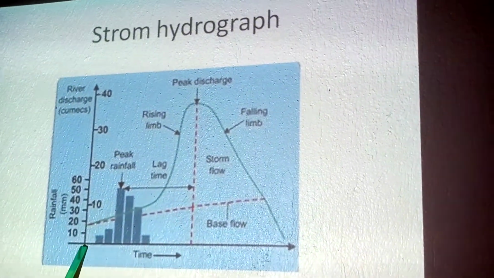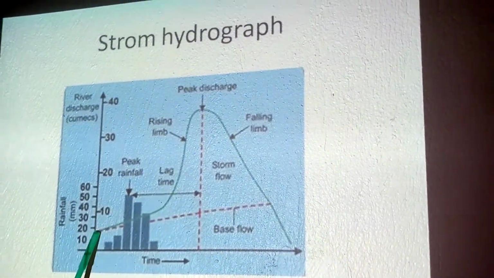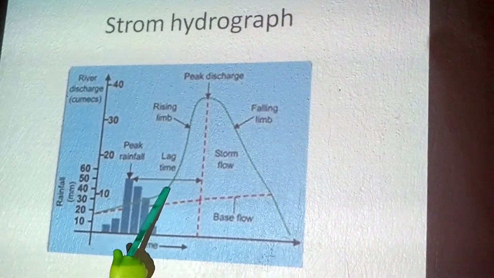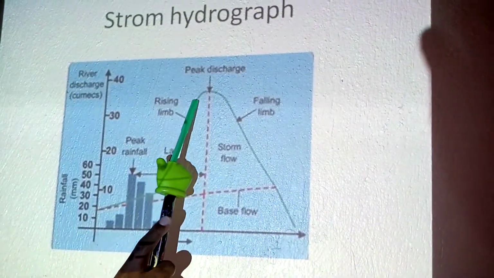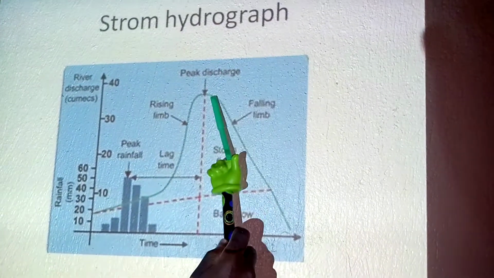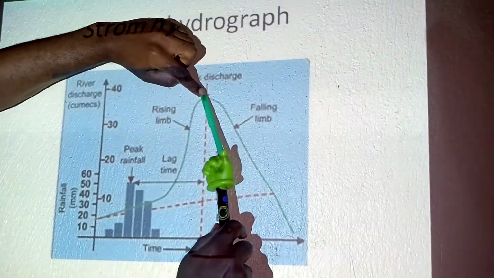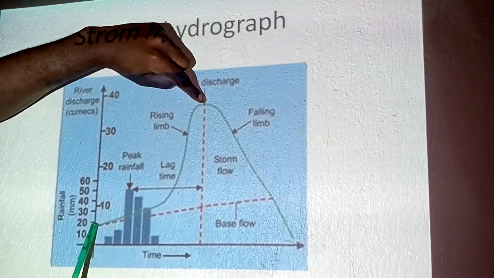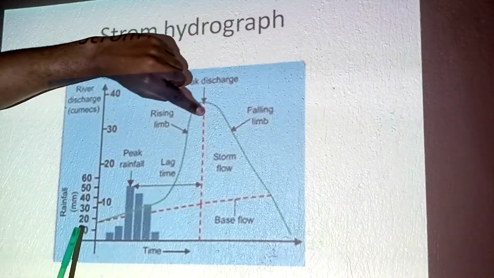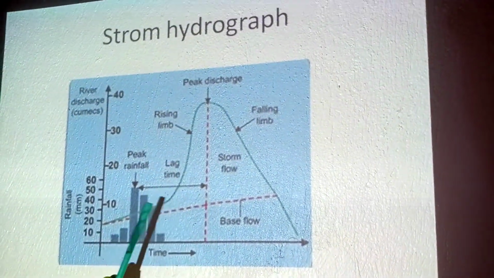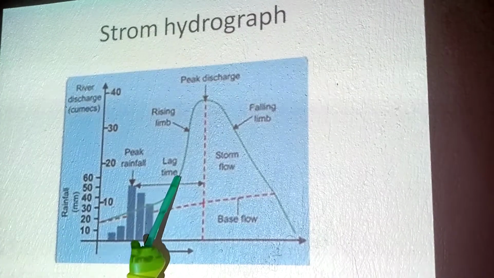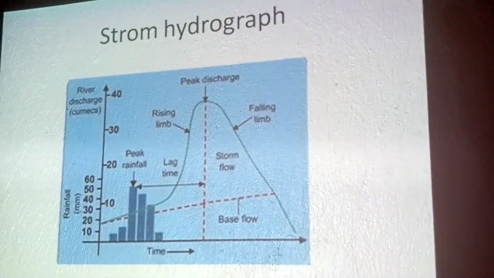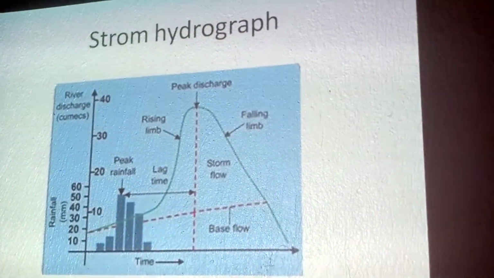As the rainfall started to fall, discharge kept on increasing. So the whole of this part from here back to here is the rising limb, because it is showing how the discharge is rising while the precipitation was happening.